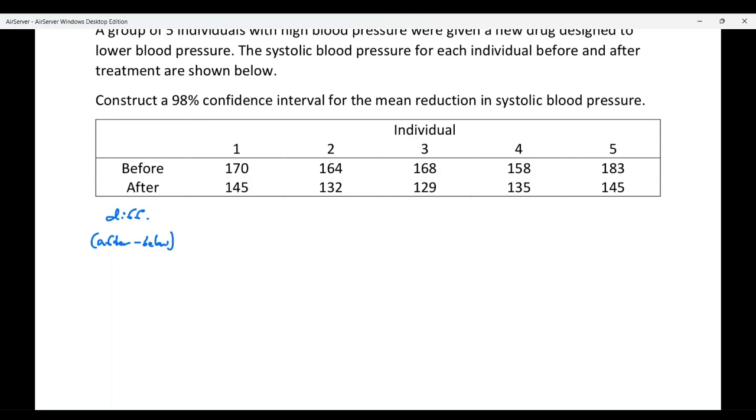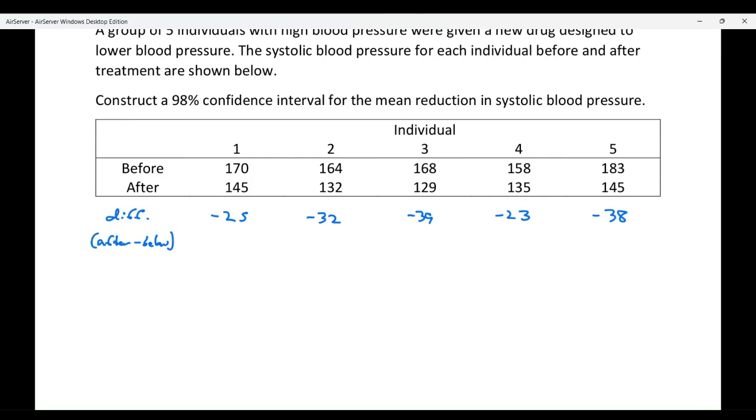So if I do after minus before, we're going to have negative 25, negative 32, negative 39, negative 23, and negative 38.